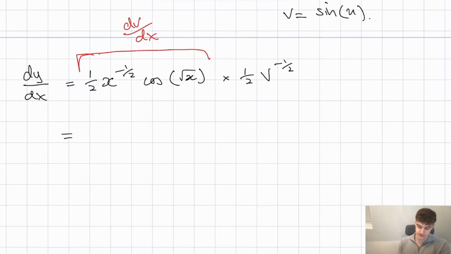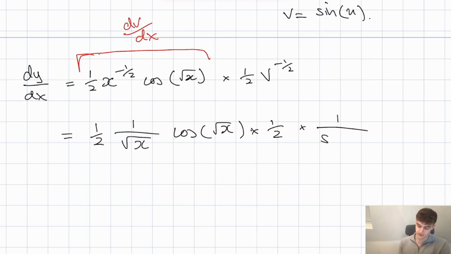So let's write this as half times 1 over root x cosine of root x times a half times 1 over sine of u, and u was root x, wasn't it?